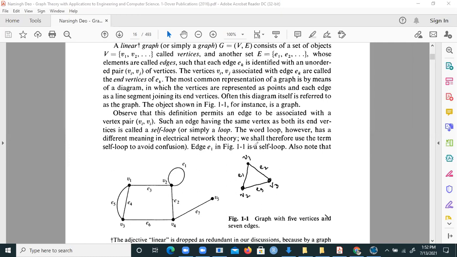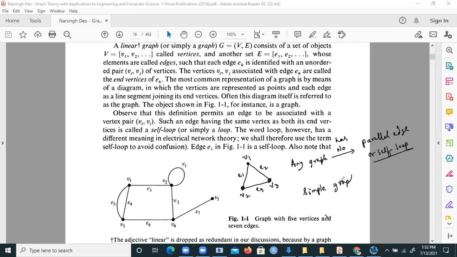This triangle has no parallel edge and no self loop. Okay, so any graph which has no parallel edge or self loop, such a graph is called a simple graph.